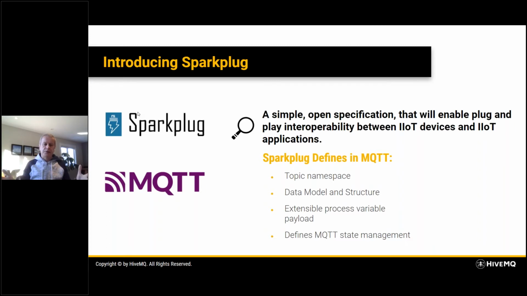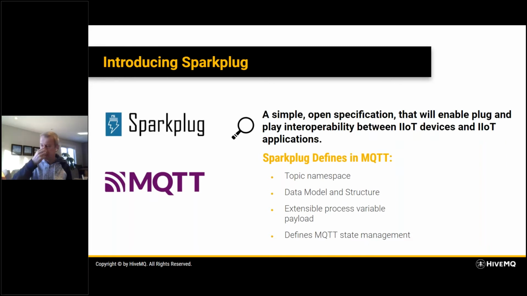On top of MQTT, there's another specification that I'd like to introduce called SparkPlug. SparkPlug is being defined in the open source community to enable plug and play interoperability with IoT devices and applications. SparkPlug defines on top of MQTT things like topic namespaces and a consistent data model, allows you to define process variable payloads, and also does the MQTT state management for you.